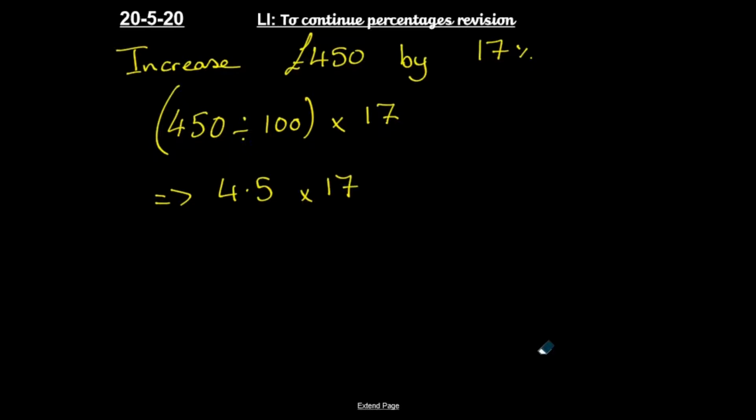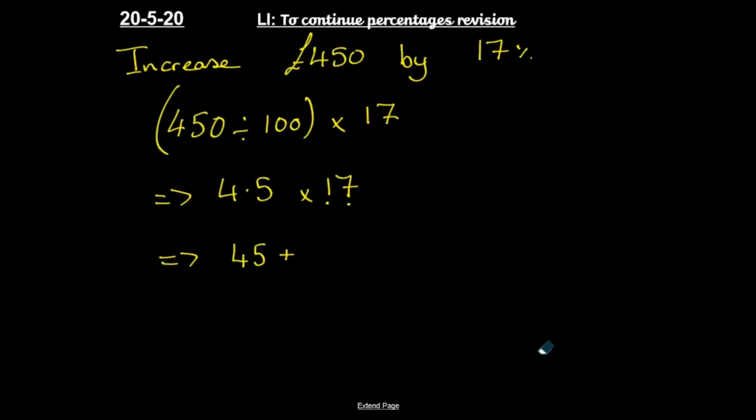Again, there are 2 different ways you could do this. You could do this mentally in your head, or you could draw out a column method or a grid method. Well, I'm going to do this mentally, and I'm going to split it into 2 different parts. I could do 10 times 4.5, well that's 45.